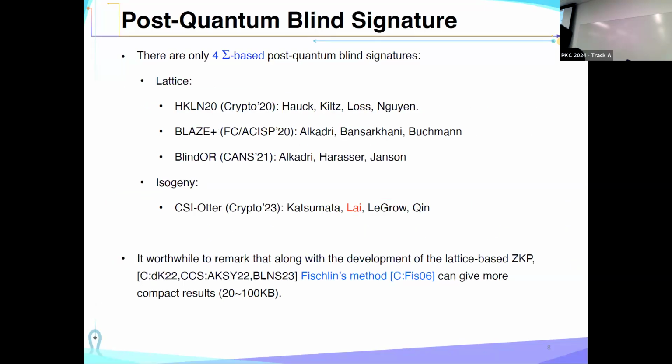So at the current stage, we only have four sigma protocol-based post-quantum blind signatures. Three are from lattices, including HKLN20, Blaze+ and BlindOR, and also there is one from Sterlin last year. It is also worthwhile to remark that along with the development of the latest zero-knowledge proofs, the methods have become more efficient. You can have signatures of around 20 to 100 kilobytes for blind signatures.